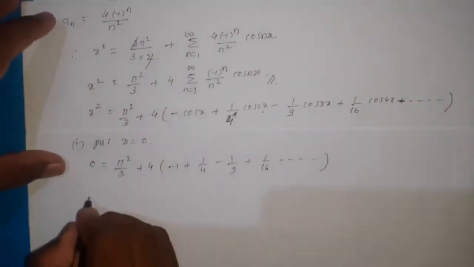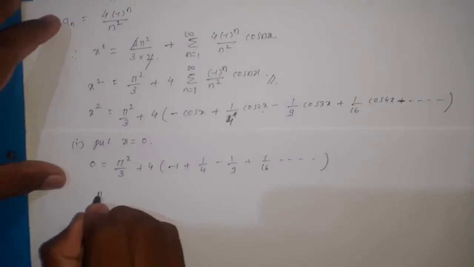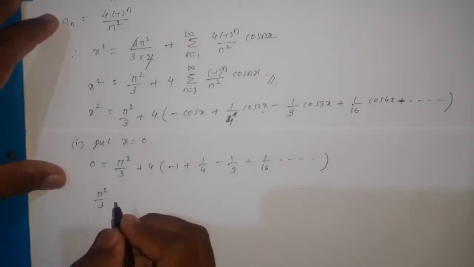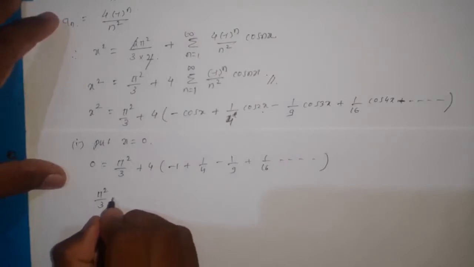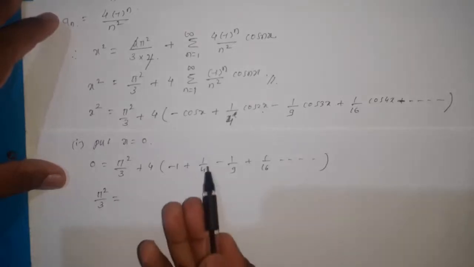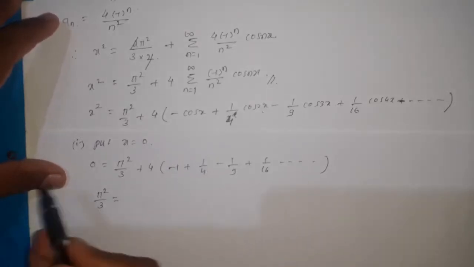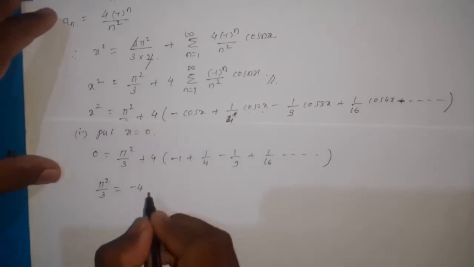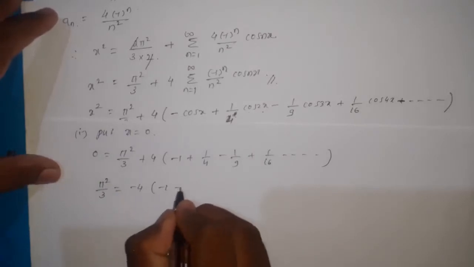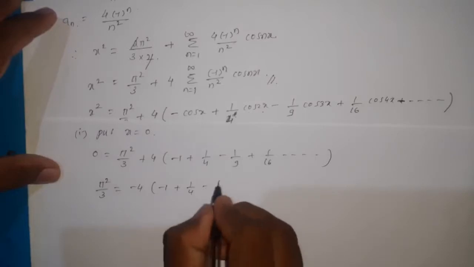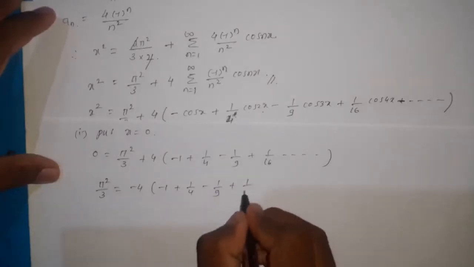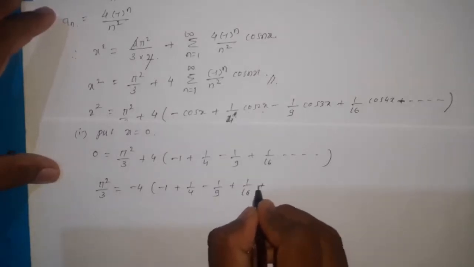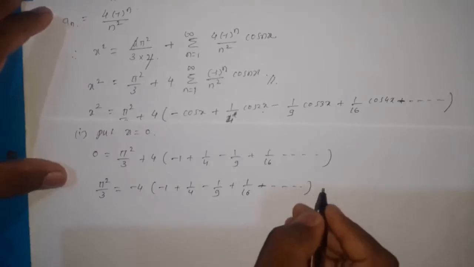Then it is equal to pi square by 3 is equal to, now shifting all these terms to LHS, this plus 4 becomes minus 4 into minus 1 plus 1 by 4 minus 1 by 9 plus 1 by 16 and so on to infinity.